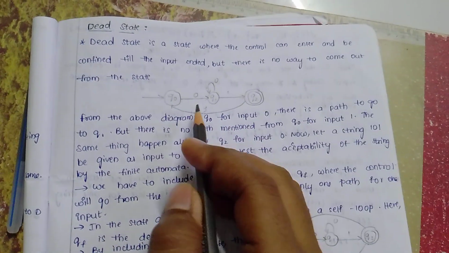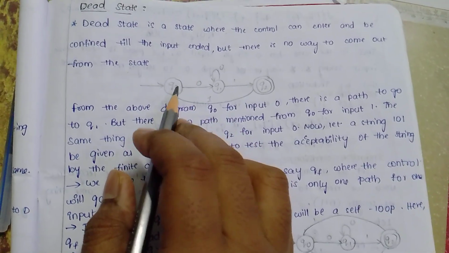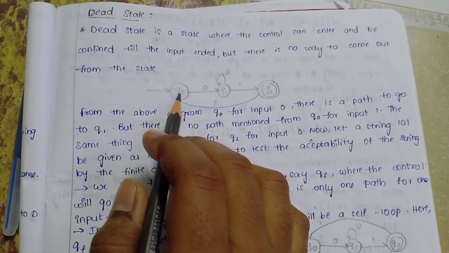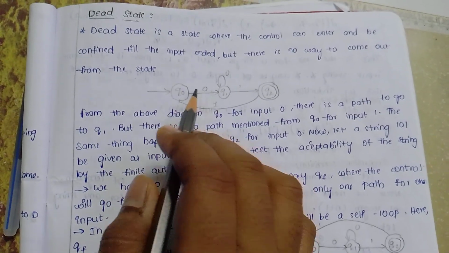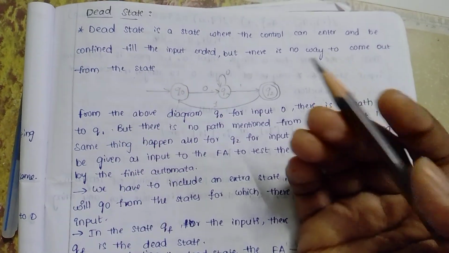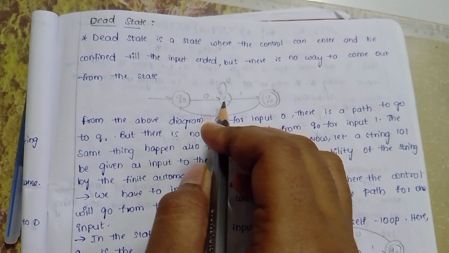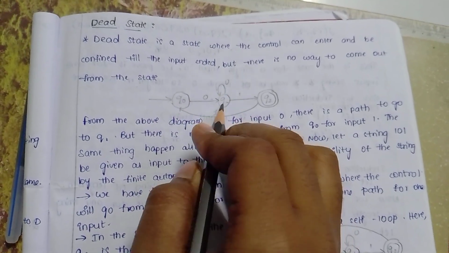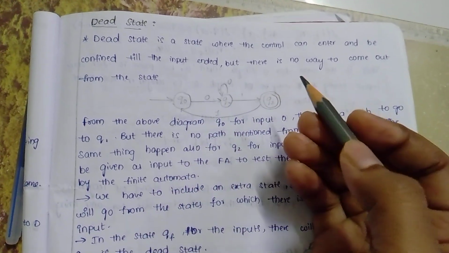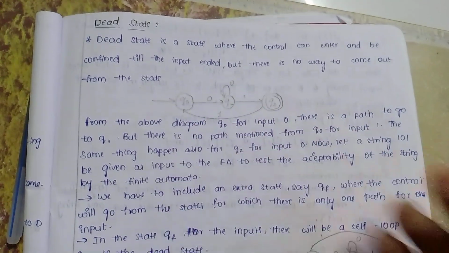So here one finite automaton is given. Here they gave three states Q0, Q1, Q2. Q0 with input 0 goes to Q1 and there is no input 1 for Q0, and Q1 with input 0 remains in the same state and Q1 with input 1 goes to the Q2 state and Q2 with input 1 goes to the Q0 state.